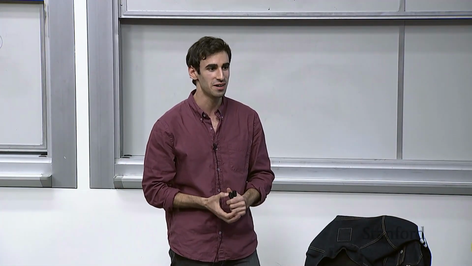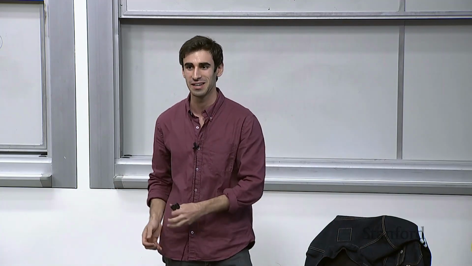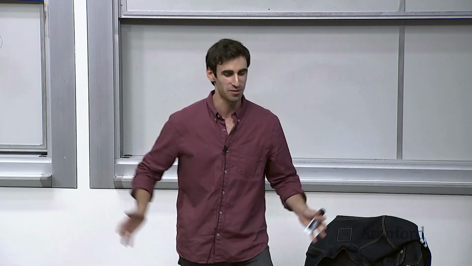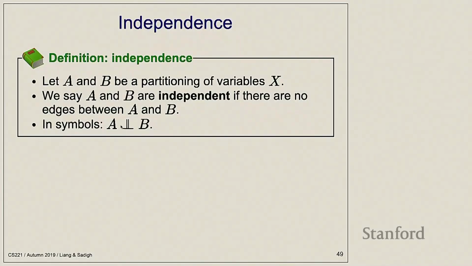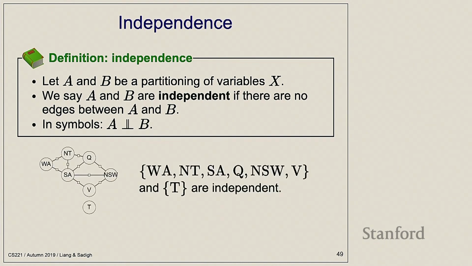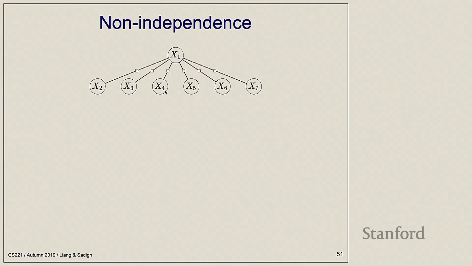I don't know how independent it is culturally or politically, but it certainly is in terms of map coloring, graph theory-ness. In symbols, we use this cool-looking pipe thing, and that denotes independence. So like we said, Tasmania is independent. What about cases like this?